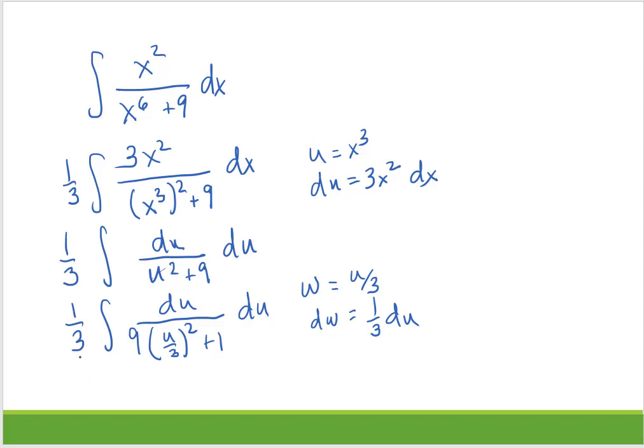So I need a 1/3 du. So I'm actually going to bring in this 1/3 again. I'm going to take the 1/9 out. The 1/3 gets in, and that becomes my dw over w squared plus 1 dw. I already have my dw. We don't want to integrate twice.